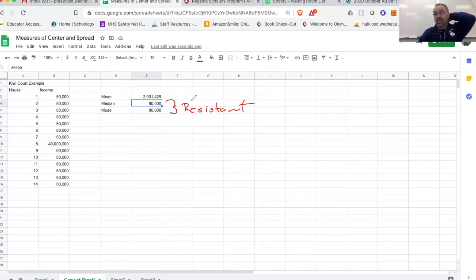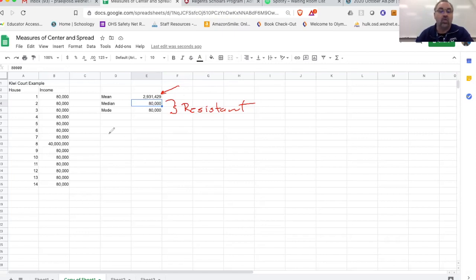You added one data point that was really high, but it didn't really move the mode. The median is not going to move. All we did was replace the top 80,000 with another big number, 40 million. So the median doesn't change. The mean, however, is not resistant at all. The mean is very susceptible to the presence of outliers in the data set. It always gets pulled in the direction of the outlier.